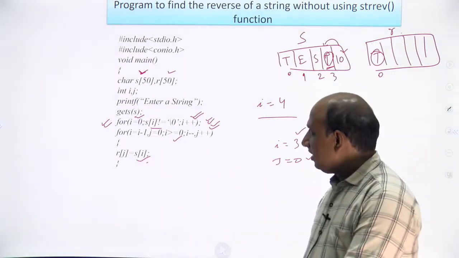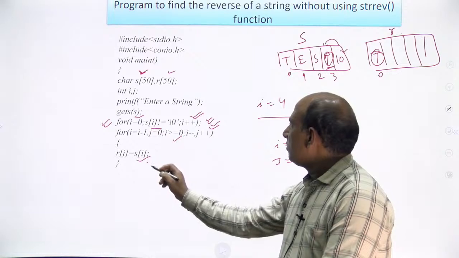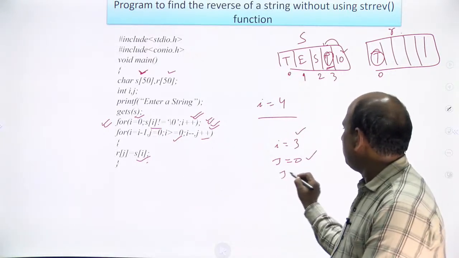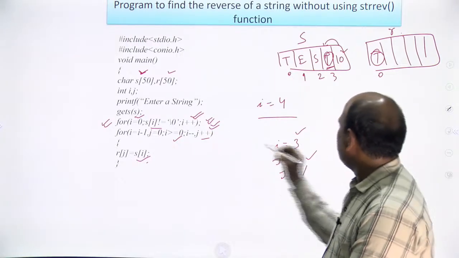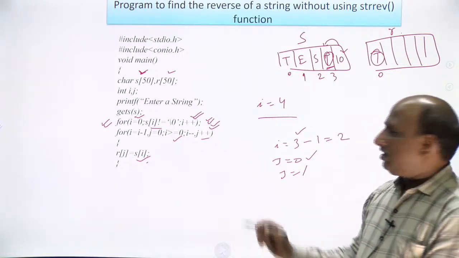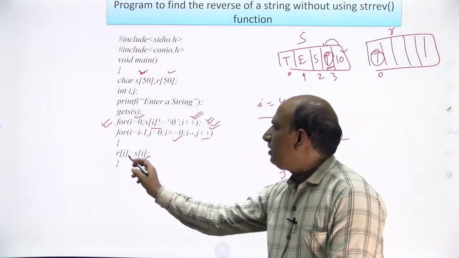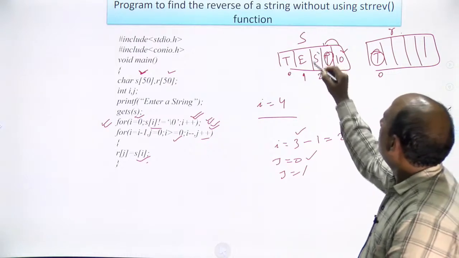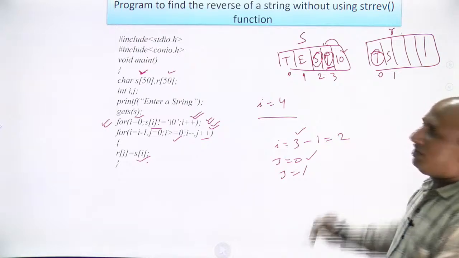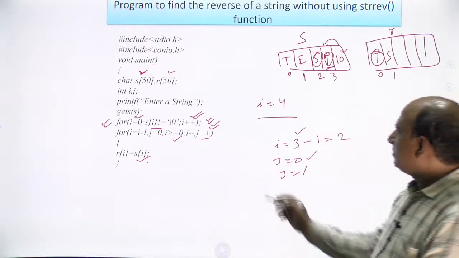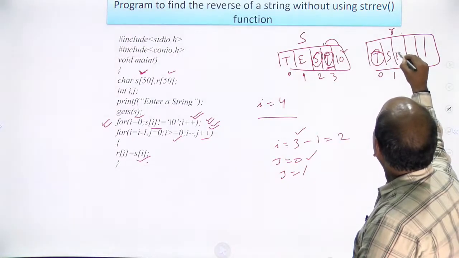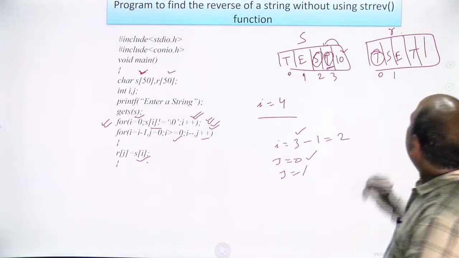Now j plus plus means j becomes 1, i minus minus means i becomes 2, and it will assign s of 2 to r of 1. This way it will keep on storing, the next e will be stored here and t will be stored here.